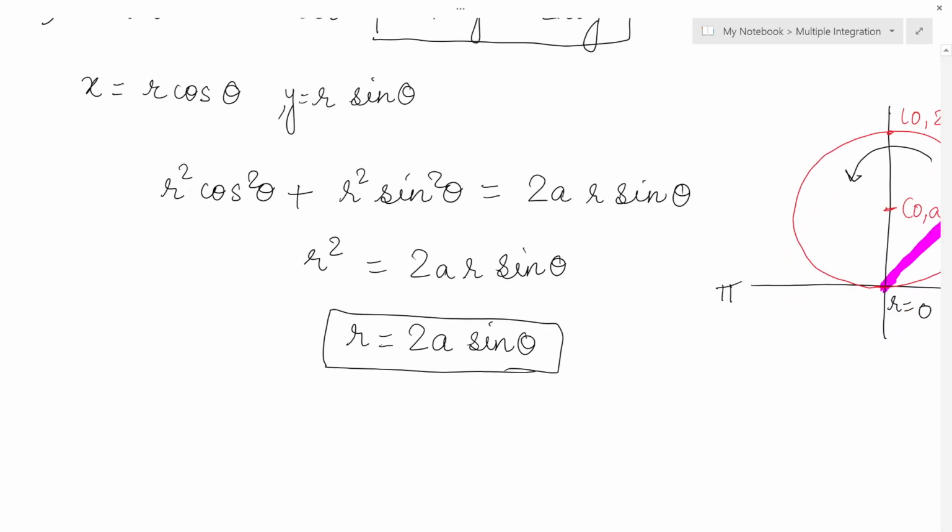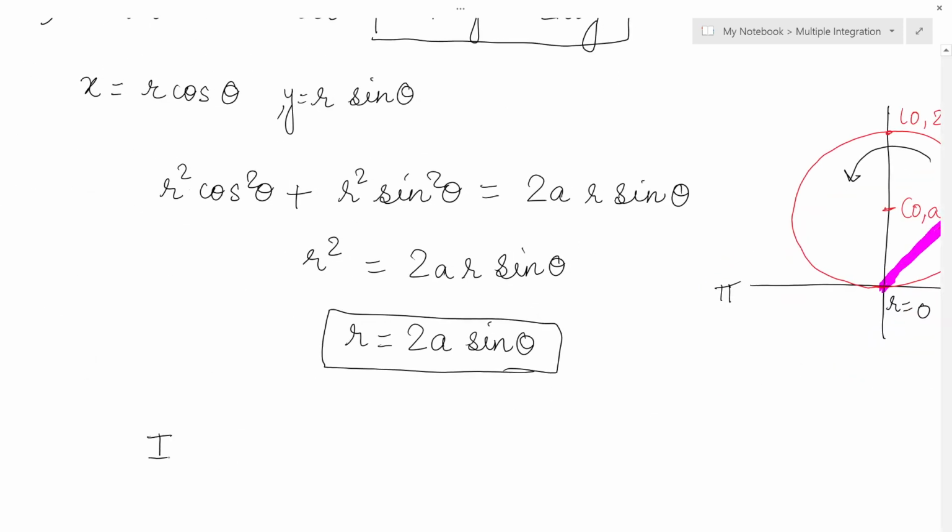Right? So for this case, my limits of integration will be 0 to pi and 0 to 2a sin theta, r dr d theta.